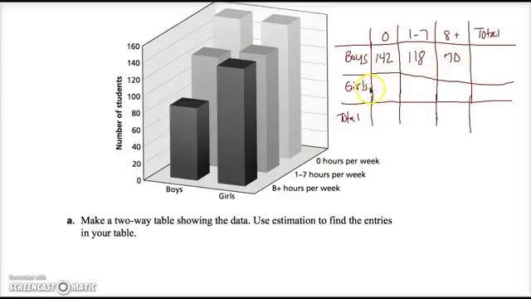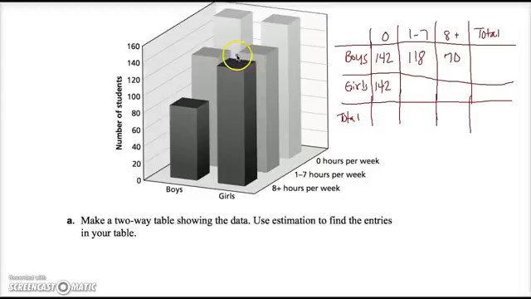Okay, for girls, how many girls worked 0 hours? That looks to be the same. Maybe a little, about the same. It's hard to tell in this two-way table. I'm going to go with the same thing. How many girls, and it's a little harder to see the girls' side of this. How many girls worked 1 to 7 would be this one.